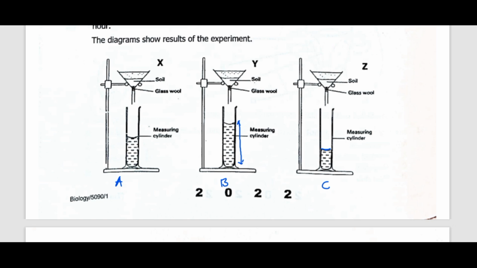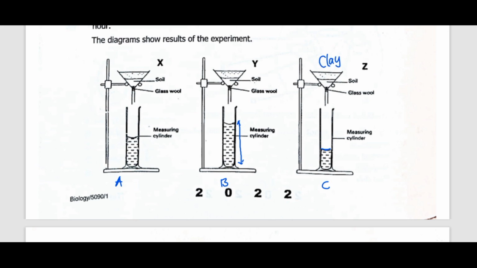So here we are looking at the water retention being very, very low. Which one has a higher water retention? The one with high water retention is C, because it is able to store water. So what soil is that one? For Z, this is a clay soil.